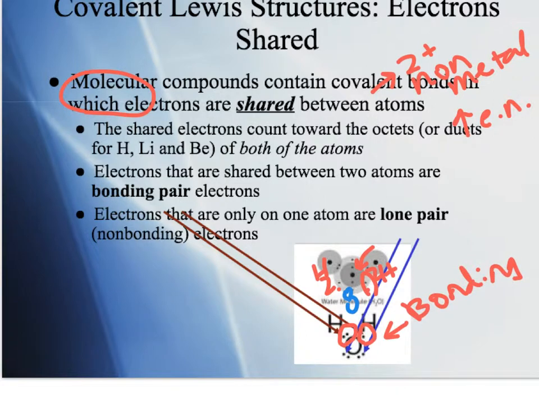Oxygen also has its own electrons in its Lewis dot structure that are already paired up. They are not involved in bonding, and we call those the lone pair of electrons. So the lone pair is non-bonding, and the bonding pair is bonding. That's the difference between the dots that we'll see in covalent compounds.